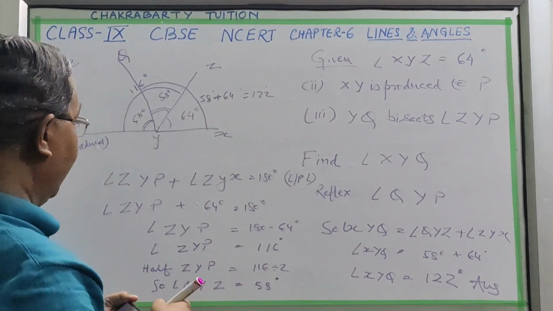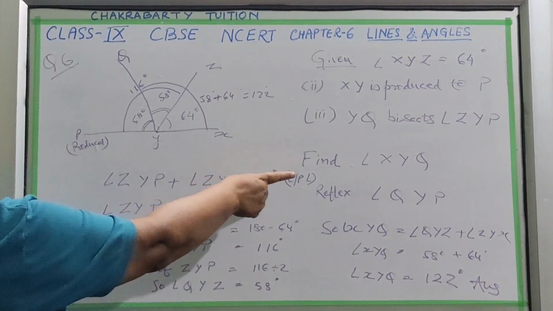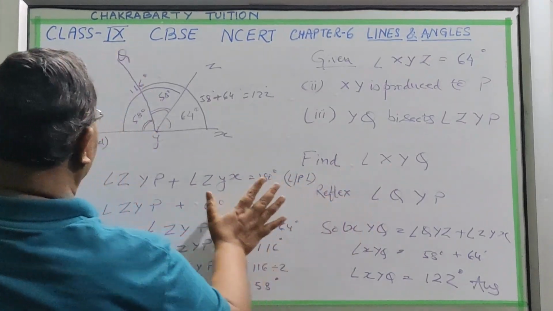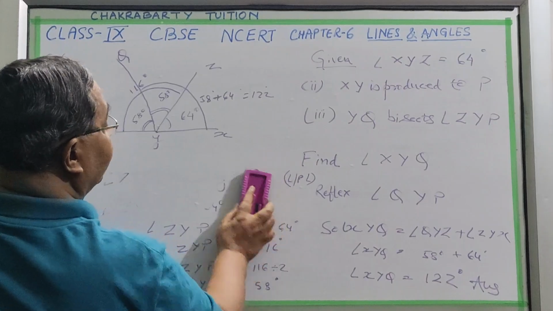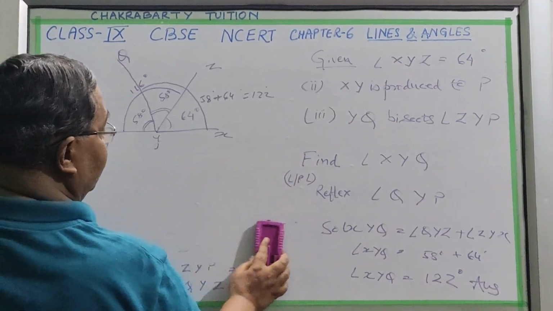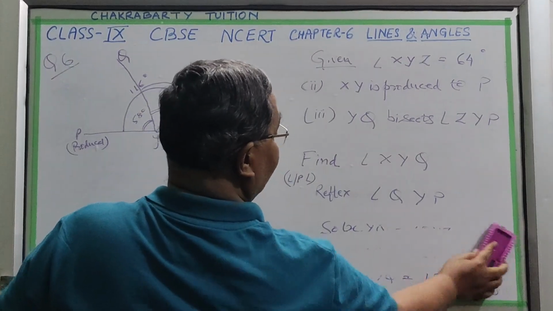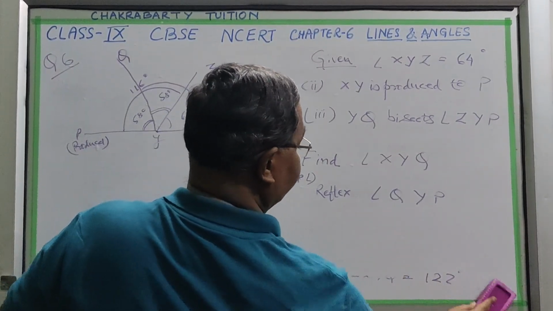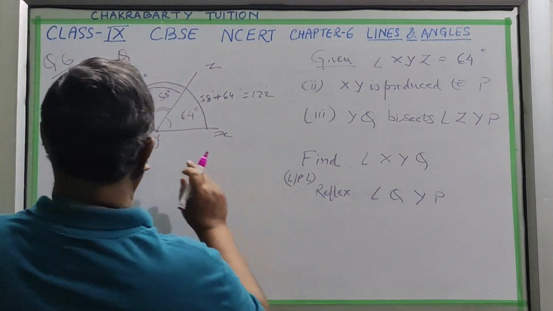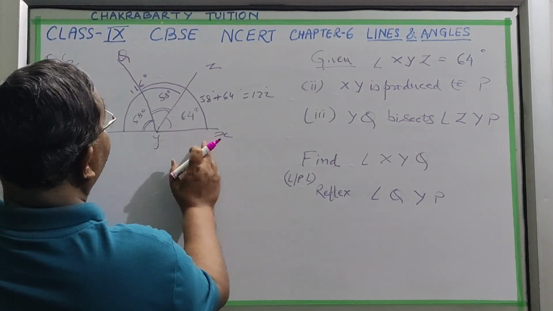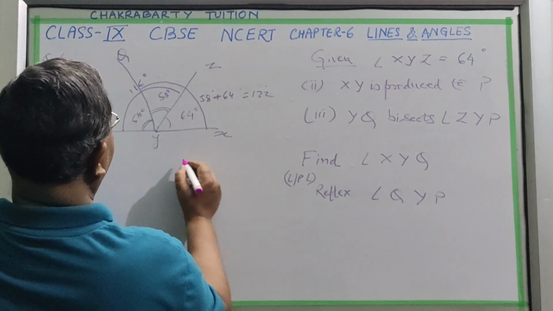Now its second part is remaining, reflex QYP. Now you have to find the reflex. So I will just put it this side, wipe off, and now I am going to answer this last one, reflex QYP. Reflex angle, I have just told, is outside.